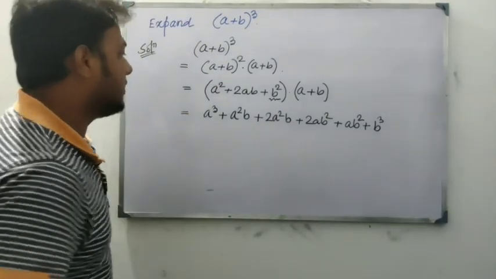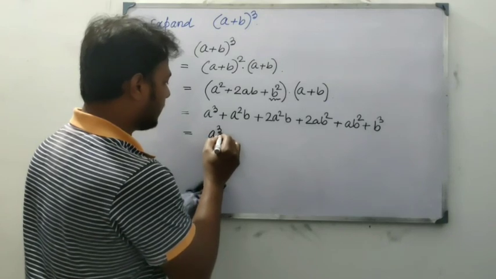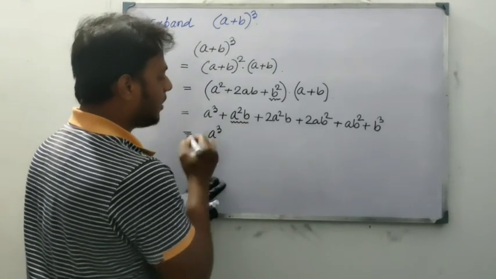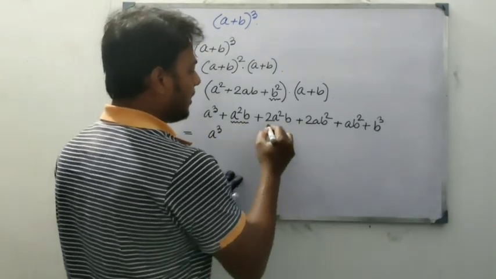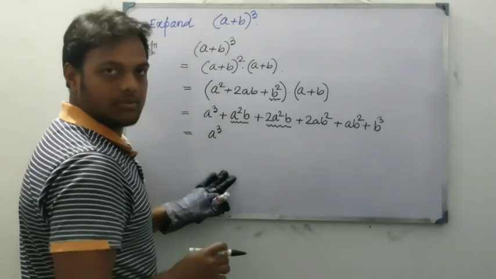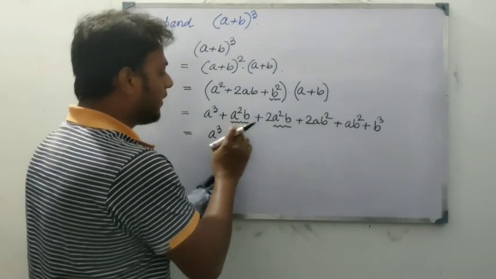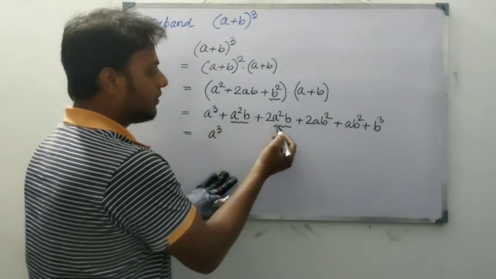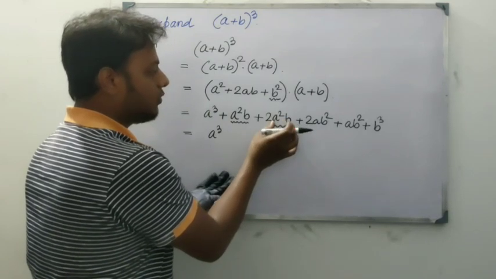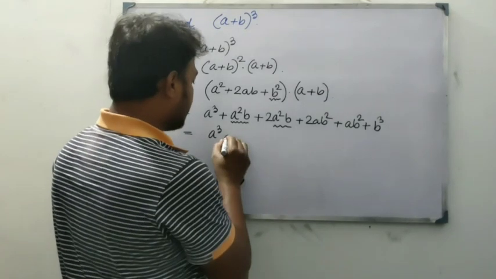Now we have to simplify it. If we simplify it, then we get a cube. Here 1 time a square b, and here 2 times a square b. Since these two are like terms, because the literal coefficient is a square b in both, here 2 times a square b and this is 1 time a square b, so total 3 times a square b.